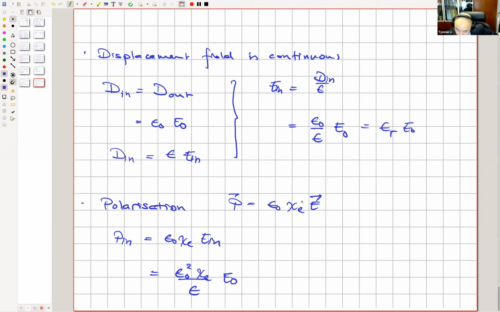Let's see if that's correct. P is correct. Okay, of course you can rewrite this again. If I expand this E, if I substitute this, which would be epsilon naught 1 plus chi E. So I think I did this correctly. Right, this is epsilon naught chi E over 1 plus chi E.